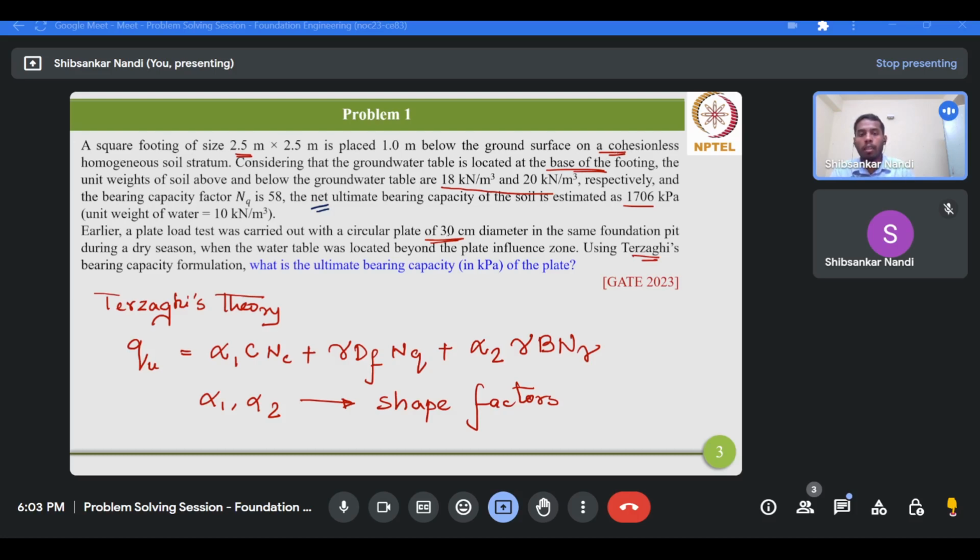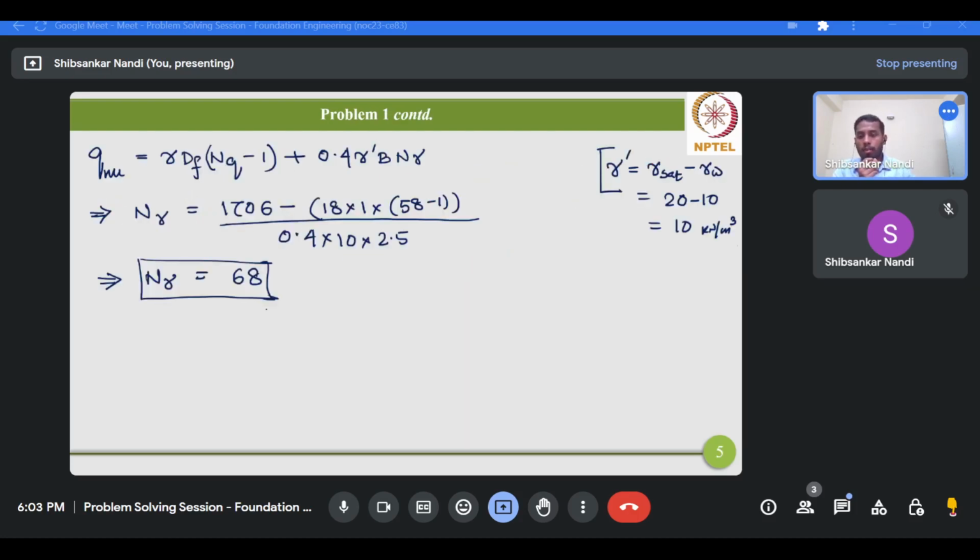We have to determine the ultimate bearing capacity of a plate of 30 centimeter diameter. So now coming to the determination of the ultimate bearing capacity of the plate of 30 centimeter diameter.